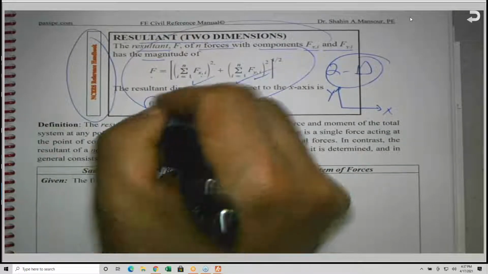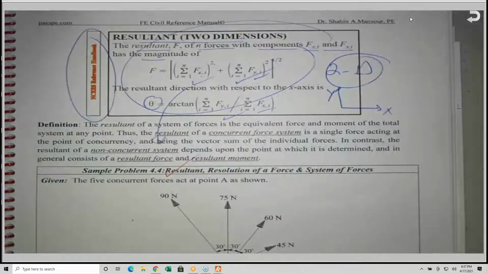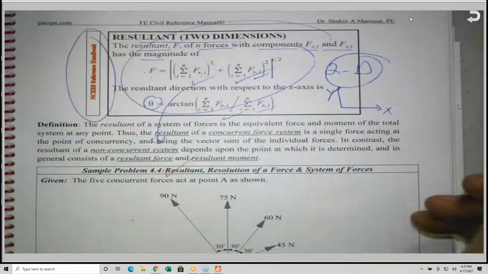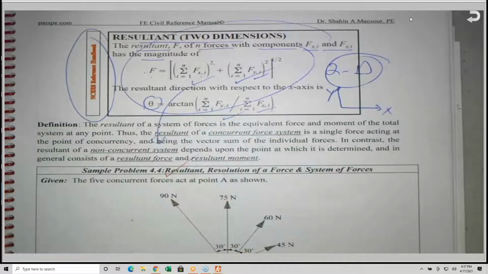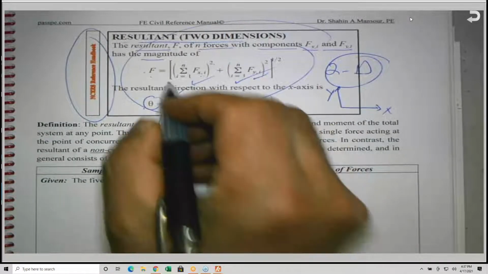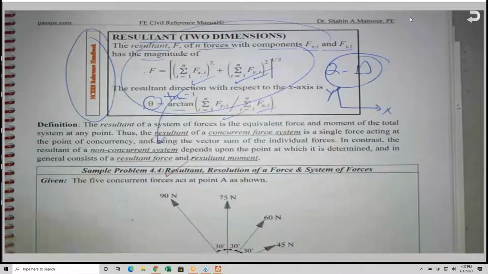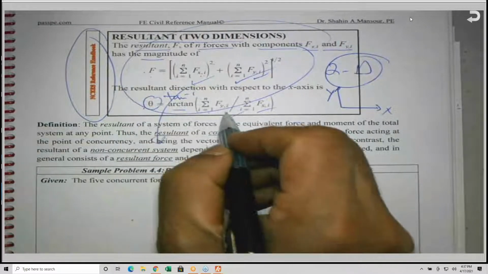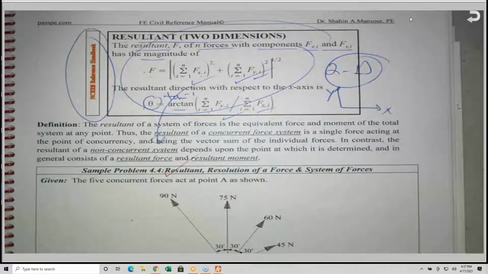Now the angle theta. Since the resultant is a force, we need the magnitude and we need direction. The direction is given by the angle theta, as we are going to see in the sample problem that will follow, and is equal to arctan, which is tan minus 1, as all of you know, the sum of the Fy divided by the sum of the Fx.